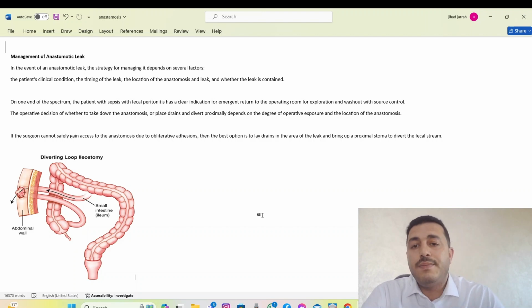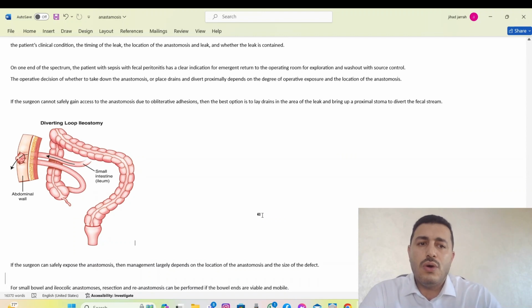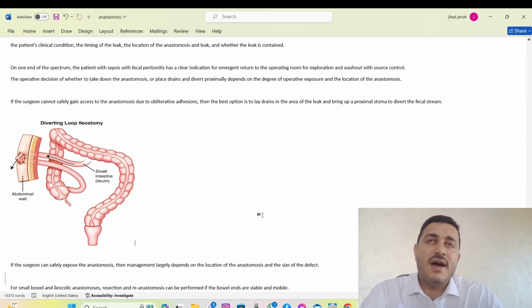Another factor that plays a role is whether the leak is contained or not contained. We said that sometimes if it is not accessible we have no option except washing the abdomen, putting in a drain, and bringing a proximal stoma, as you see.